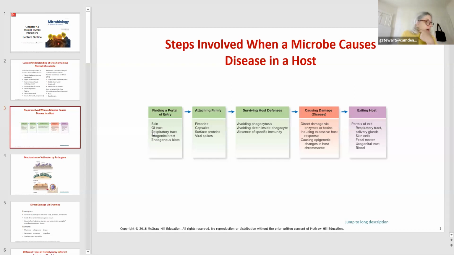And then again, on the handout, you'll notice I listed ID50 and LD50. I believe those may or may not be in bold; they might be in italics. The ID50 stands for infectious dose 50%.